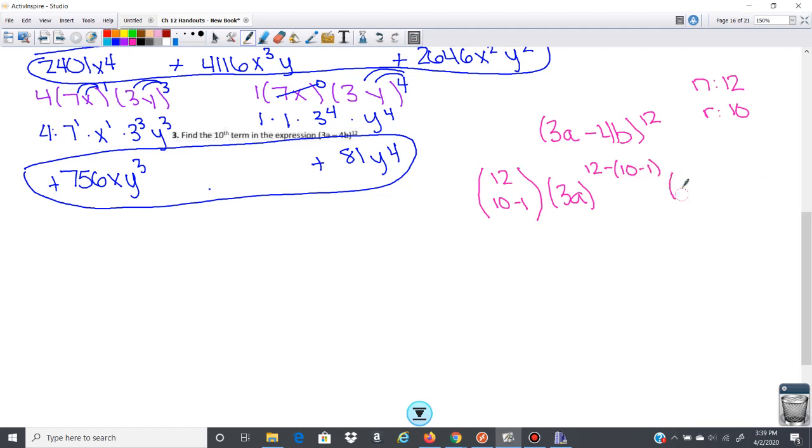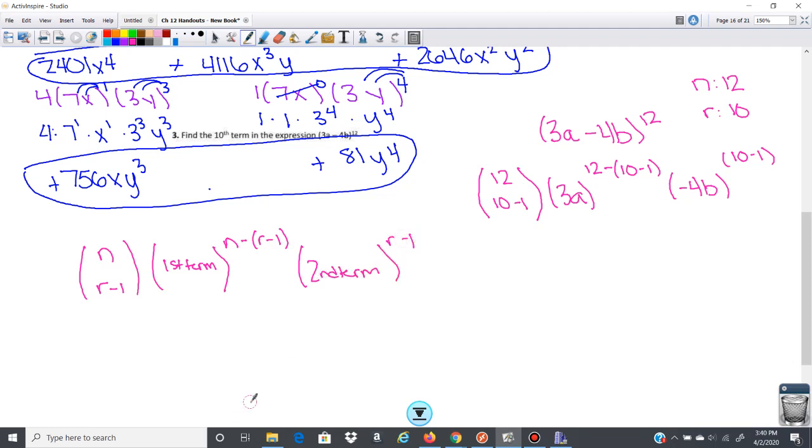And then our second term is minus 4b, and that's going to be to the r minus 1. Okay, so its binomial coefficient is going to be n, r minus 1, and then it's going to be first term to the n minus r minus 1, and then second term to the r minus 1.